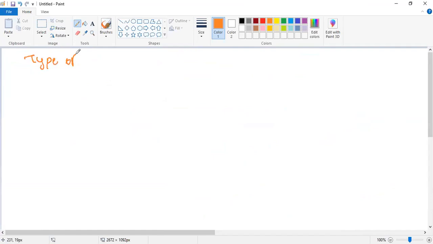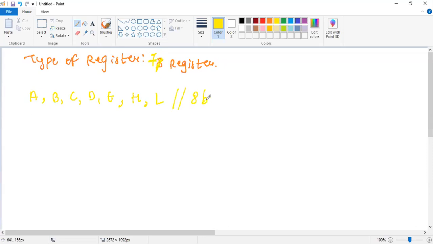So basically we have 8 registers: A, B, C, D, E, H, L. Okay, and these all are 8-bit registers.